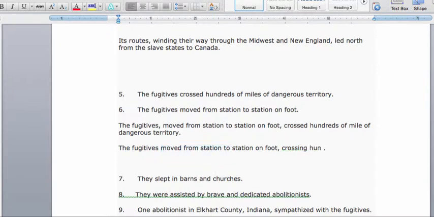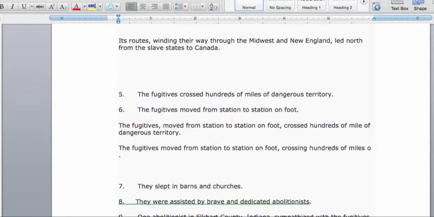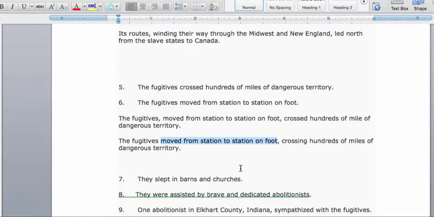Crossing hundreds of miles of dangerous territory. Okay, so in this one I decided to describe the fugitives, and in this one I tried to describe the fugitives' actions. Either one's correct, and both of them used a participle.